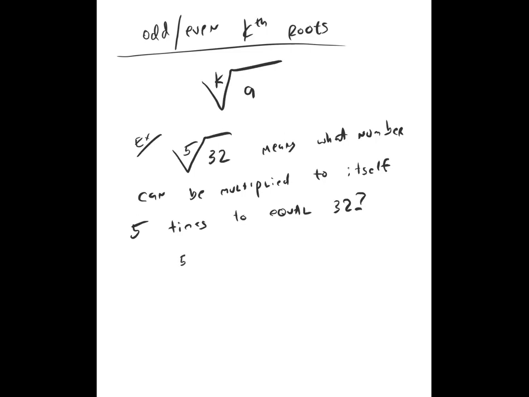So we should see that this answer is 2. Because 2 times 2 times 2 times 2 times 2 gives us 32.